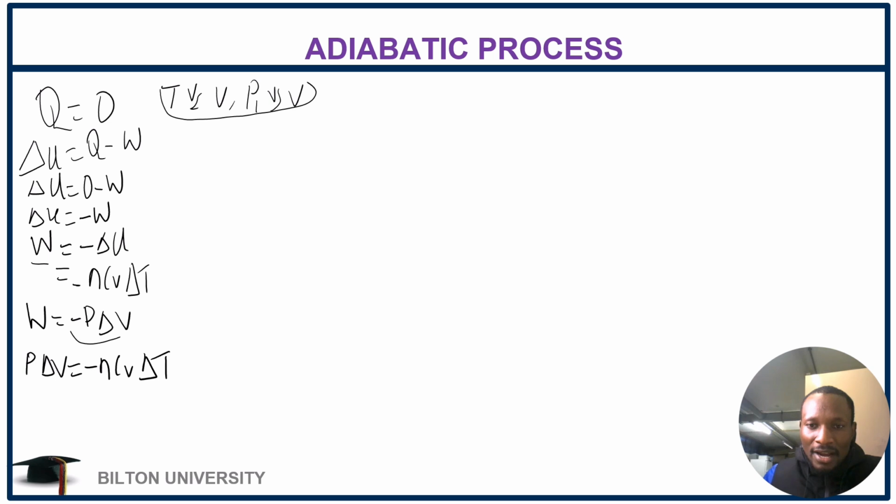Because these changes take place in a very short time, and the changes are very small, we can say P dV is equal to minus n C_V dT.